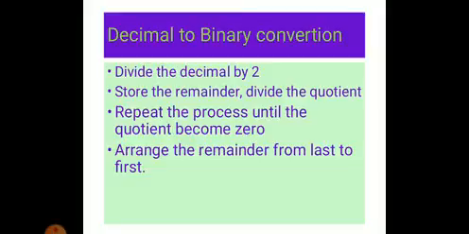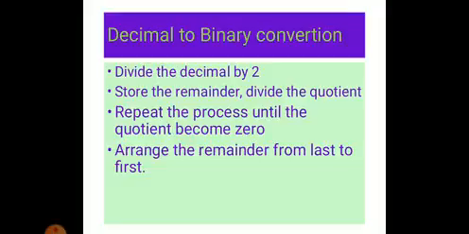The second step is store the remainder and divide the quotient. The third step is repeat the process until the quotient becomes 0. The fourth step, arrange the remainders from last to first. These are the steps to be followed while converting decimal to binary. Children, all these points we discussed in the last class.